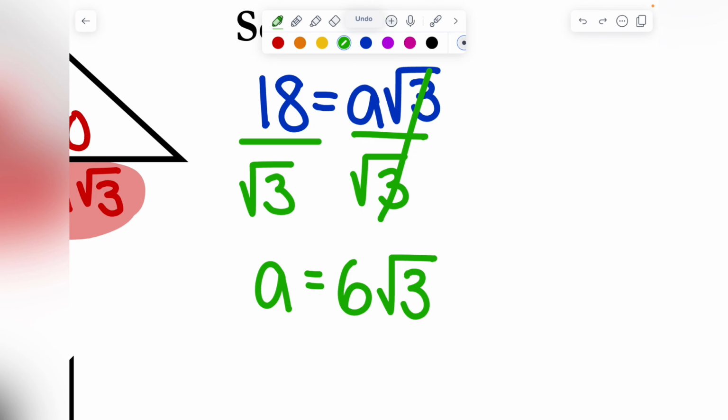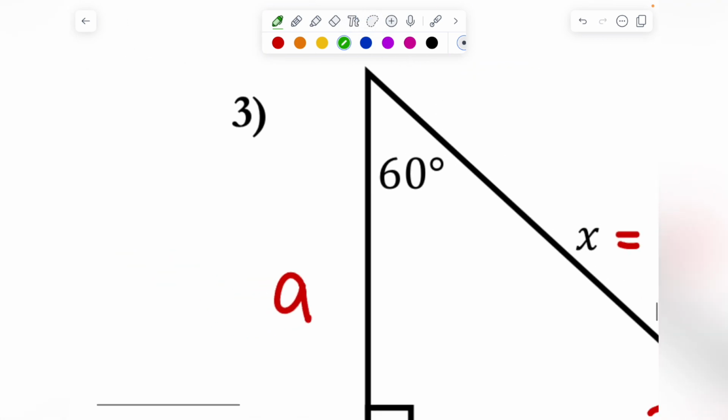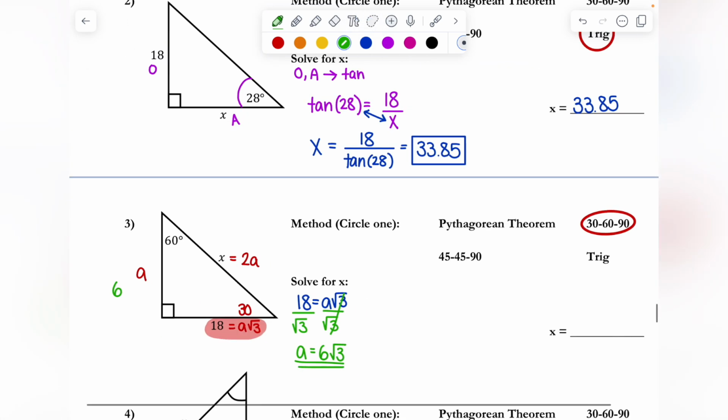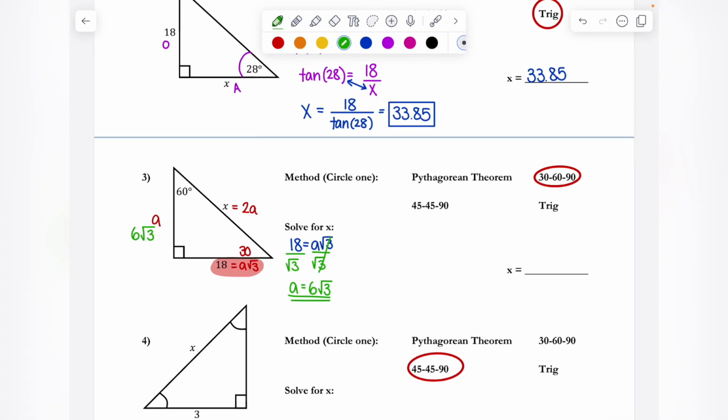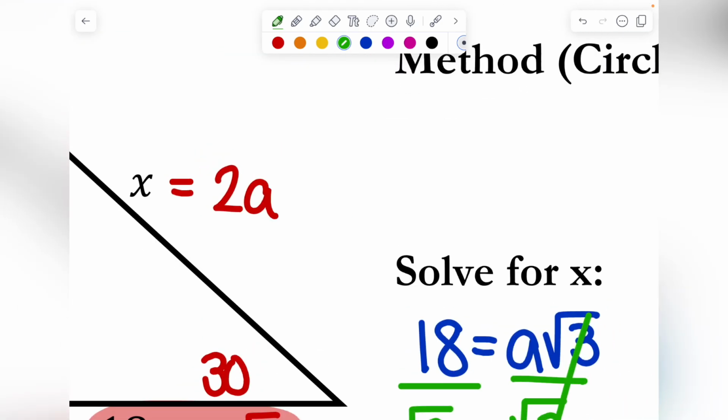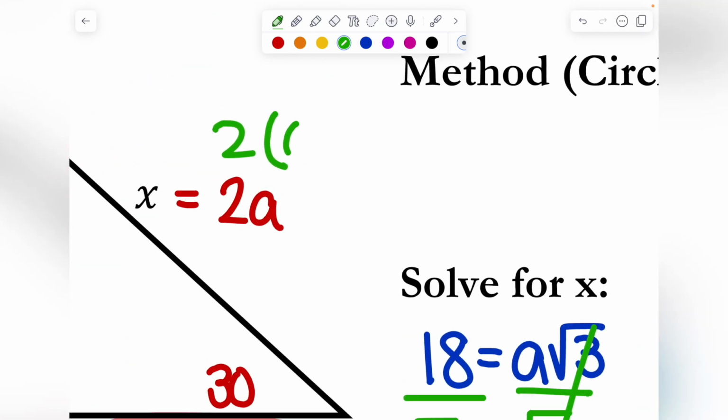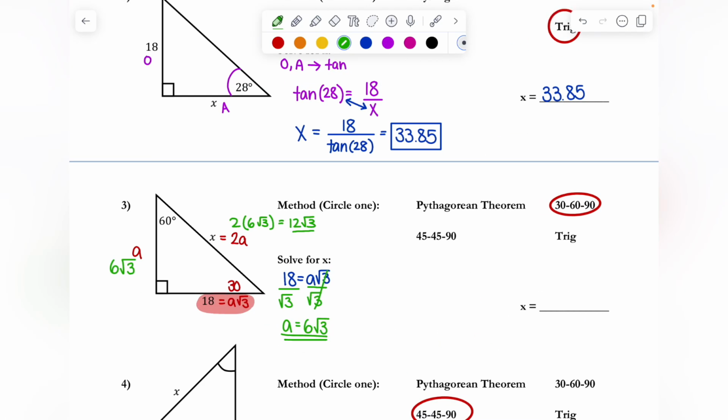Now that's the A, which is this side. So 2 times A, which is actually what I'm looking for, is 2 times 6 root 3. So it's 12 root 3.